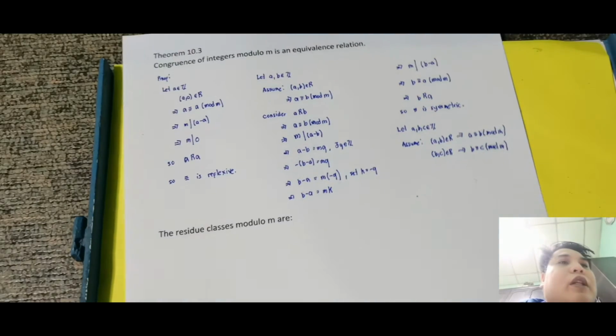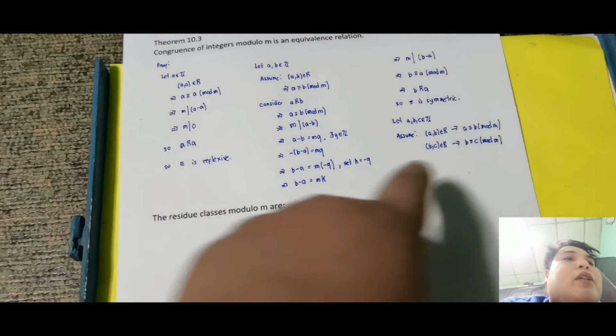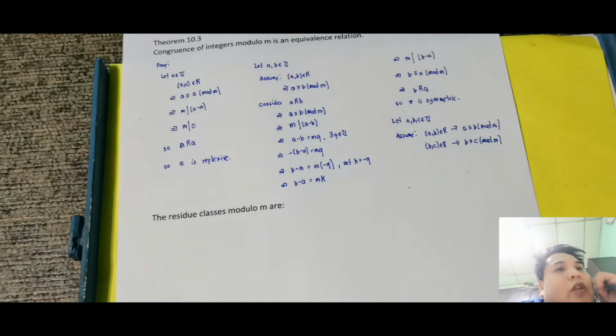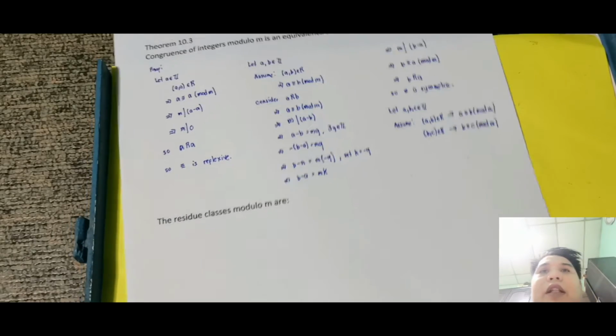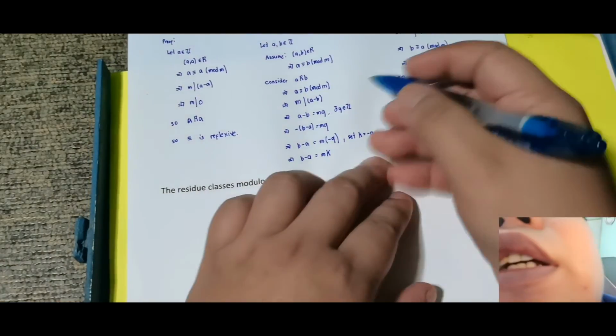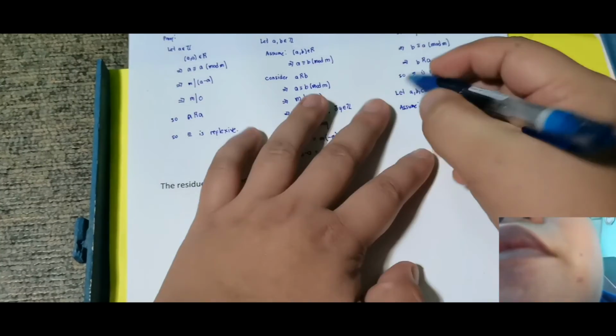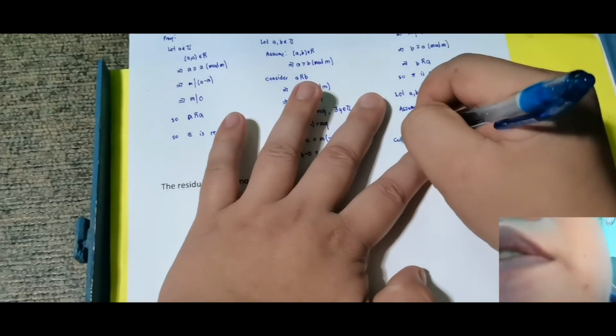Okay, so check natin. Ano ba mga pwede natin gawin sa mga assumption? So based sa mga assumption, kailangan mapalabas natin a is congruent to c mod m, kasi yun yung goal natin. So consider the following.